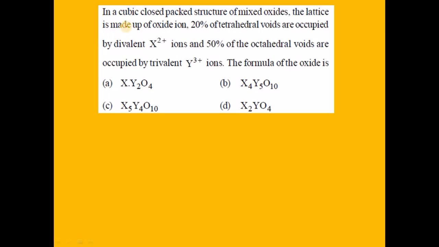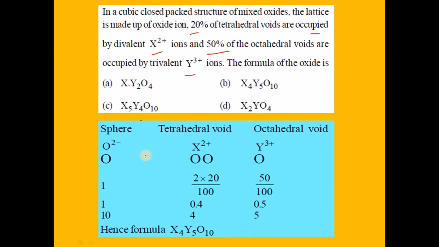Next question. In a cubic close packed structure of mixed oxides, the lattice is made up of oxide ions. 20% of tetrahedral voids are occupied by bivalent X2 plus ions, and 50% of the octahedral voids are occupied by trivalent Y3 plus ions. So what is the formula of the oxide? Let us see, in this we have spheres. Oxide is O2 minus, the tetrahedral void is occupied by X2 plus, and the octahedral void is occupied by Y3 plus.